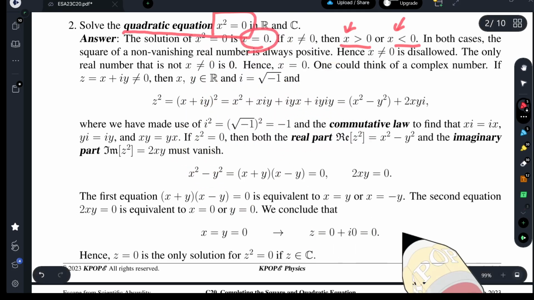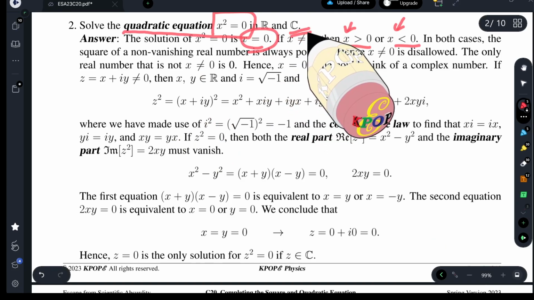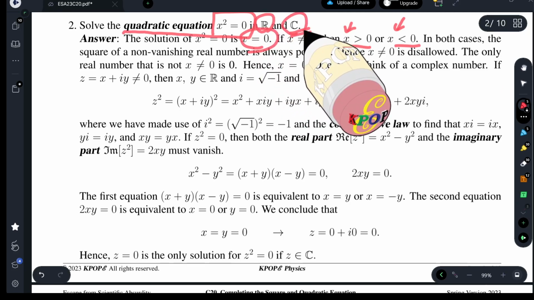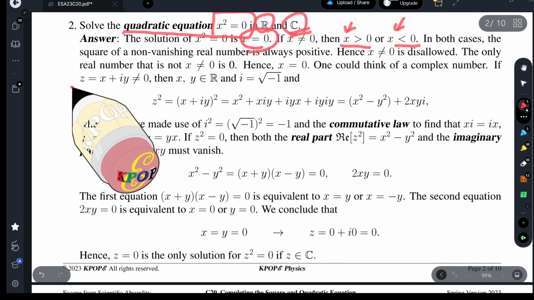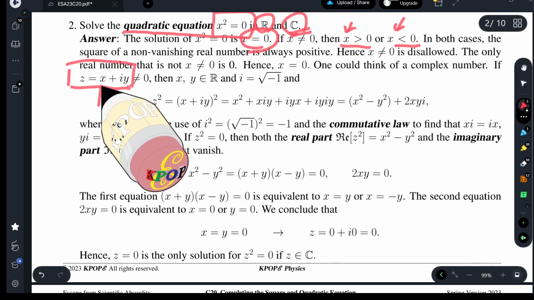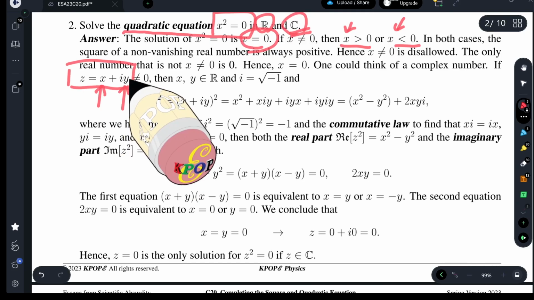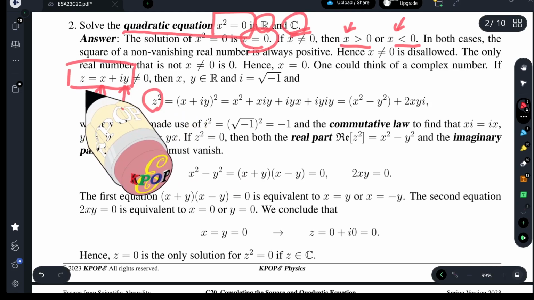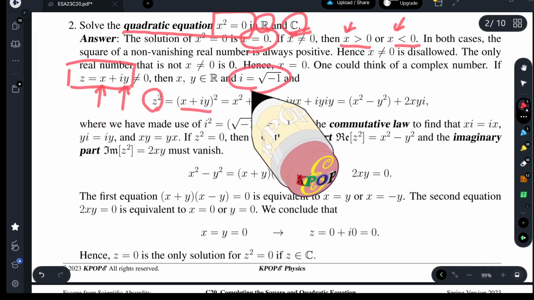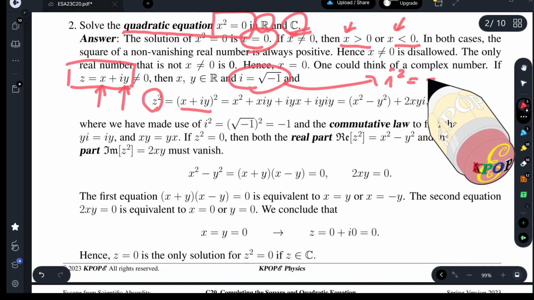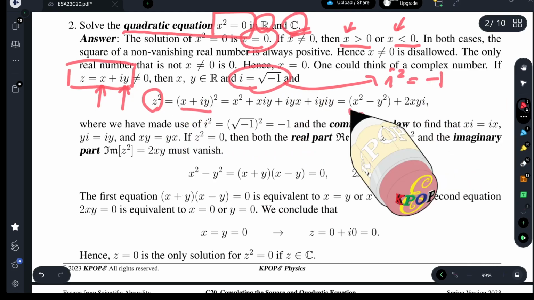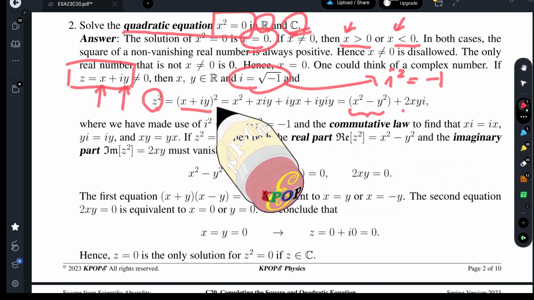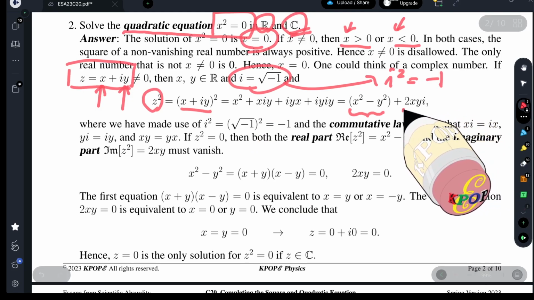This is true even if we extend the set of numbers from the real numbers to complex numbers. Why don't we introduce a complex number whose real part is x and imaginary part is y? If we square this complex number and expand it using the fact that i squared equals minus 1, then we arrive at the real part x squared minus y squared and imaginary part 2xyi.